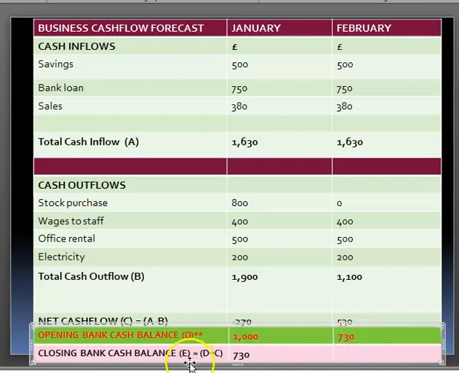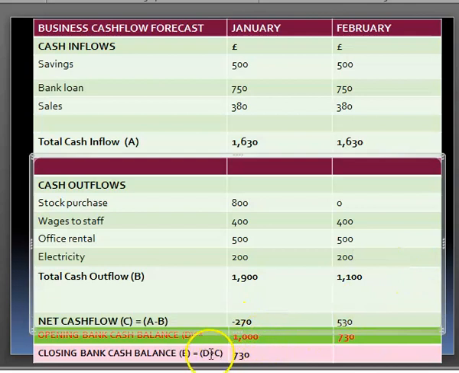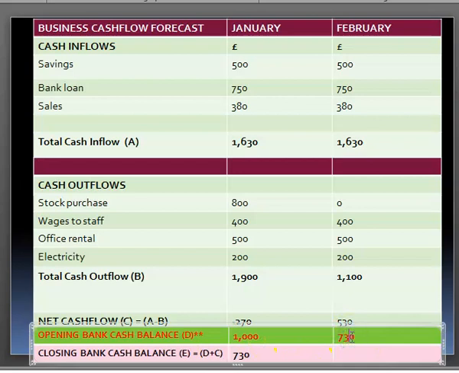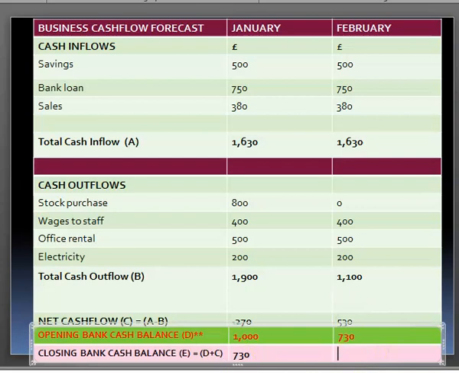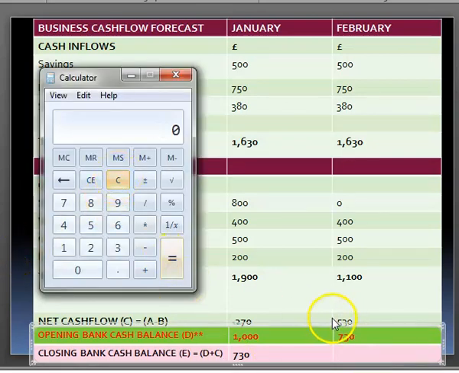Now to calculate how much they have left at the end of February, you do D plus C. D is the opening balance, which is the 730, plus the net cash flow. Let's do the calculation again. D plus C: the D is 730 plus the net cash flow, which is the C, 530.